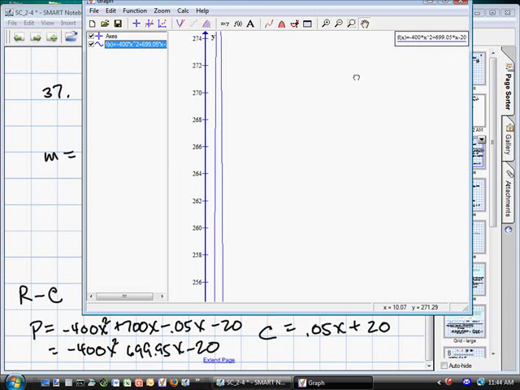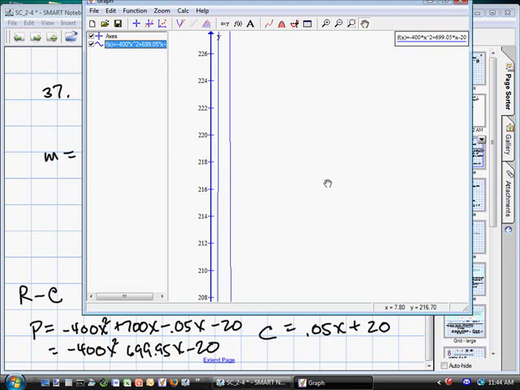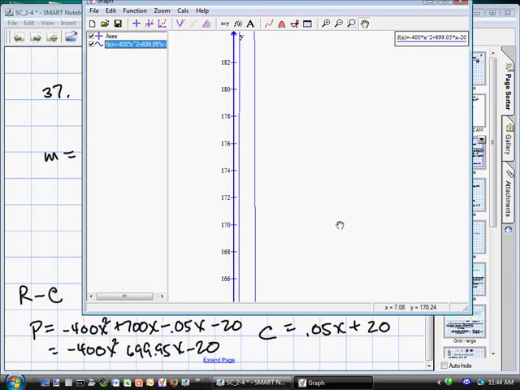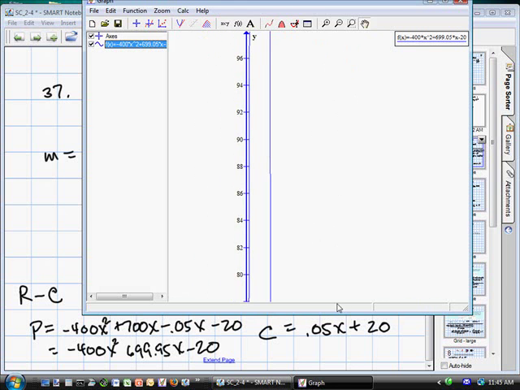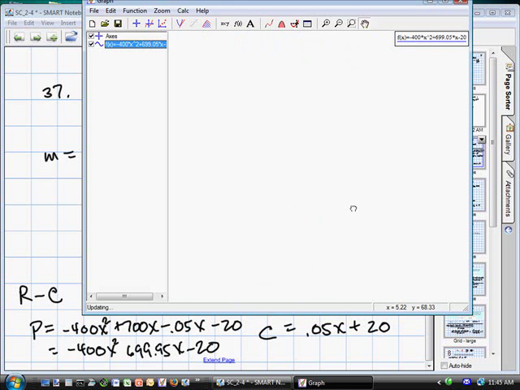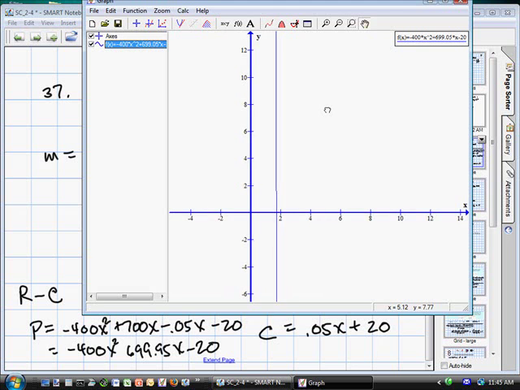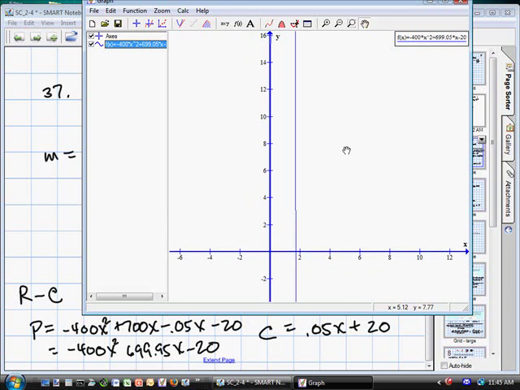Okay. Got to get back to my x-axis. Well, they're going to be very steep, aren't they? What did I do wrong?